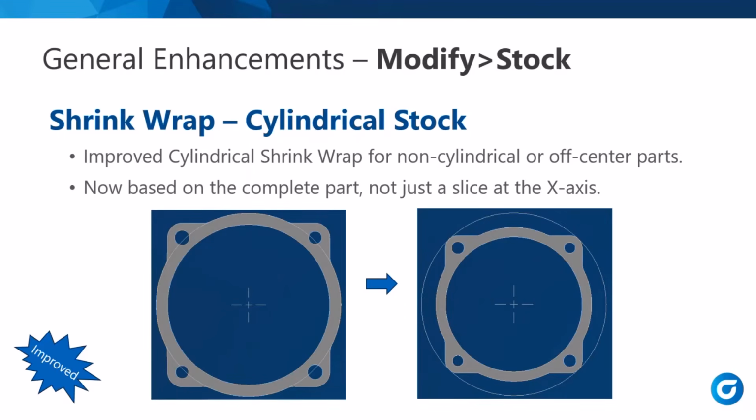So if you have a cylindrical stock, and if you look on the picture on the left here, you can see where the shrink wrap was basically going around that diameter. But because those lugs that are sticking out were not, I think if they were along the major axis, X or Y, it may have worked correctly, but because they're not, it doesn't know that, and it does not work correctly. So now in 2026, this will work correctly.